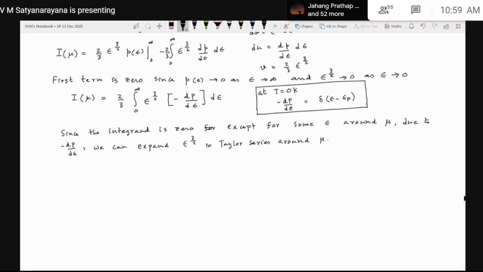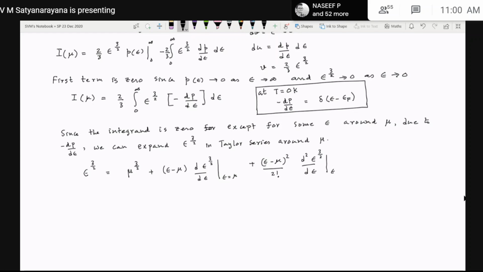So that means we are going to say that our epsilon to the power 3 by 2, I can write it as mu to the power 3 by 2 plus epsilon minus mu into d of epsilon to the power 3 by 2 by d epsilon evaluated at epsilon equal to mu, plus epsilon minus mu the whole square by factorial 2 into d2 of epsilon to the power 3 by 2 by d epsilon squared evaluated at epsilon equal to mu, and so on. So I can expand this in Taylor series around mu.